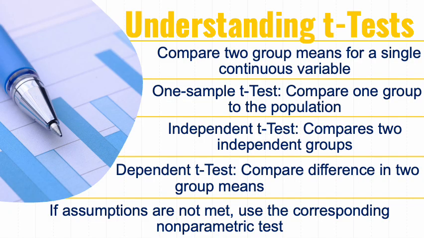An independent sample t-test allows us to compare the group means of two independent groups or two groups that do not have any overlapping members. A dependent sample t-test allows us to compare the differences in group means from either before to after an intervention or across two tools or interventions.